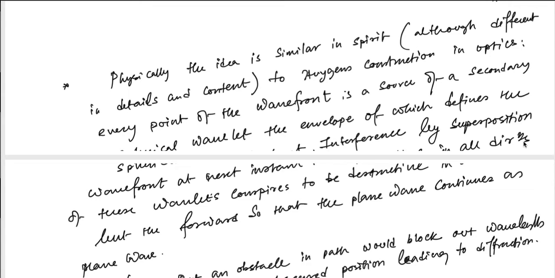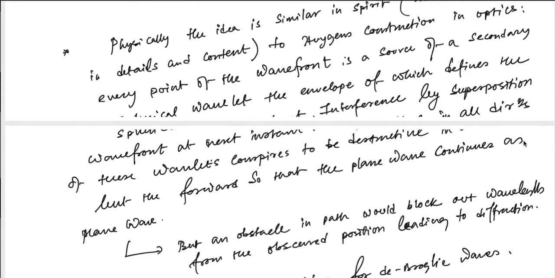Every point of the wavefront is a source of a secondary spherical wavelet, the envelope of which defines the wavefront at the next instant. Interference between these secondary wavelets leads to destructive interference in all directions except the forward direction, such that the plane wave continues to be a plane wave. That is how you construct this plane wave.